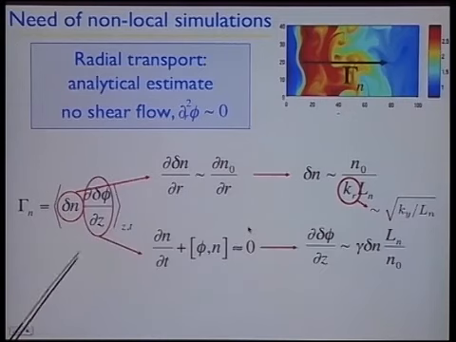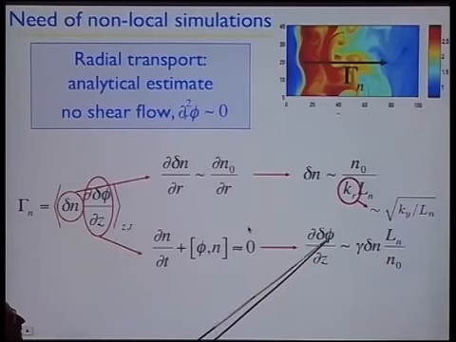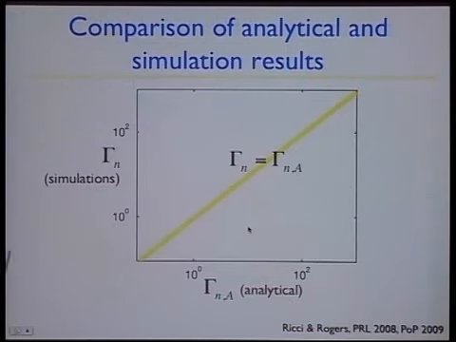And one can do the same for the fluctuation of the electric field, just to estimate, and for this one can use the continuity equation at first order and get a relation between delta phi and delta n. At the end, one can get an analytical estimate of the particle flux as a function of equilibrium quantities.